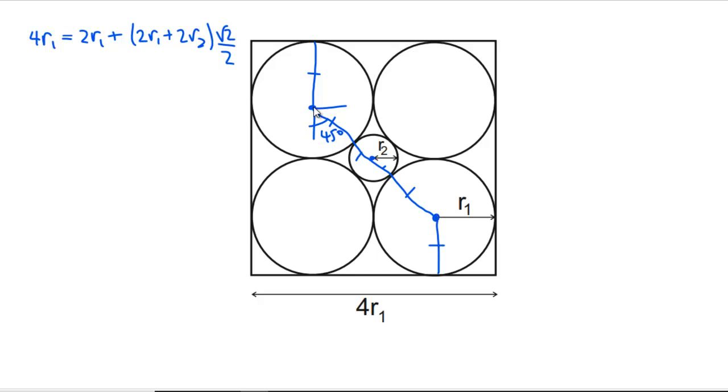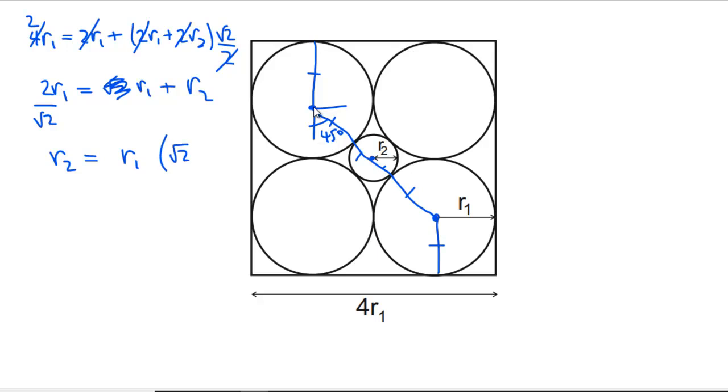So we could certainly solve for this. That's going to cancel with most of that. So we've got 2r1 is equal to root 2 times r1 plus r2, and dividing by root 2, we get that r2 is going to be equal to r1 times root 2 minus 1.